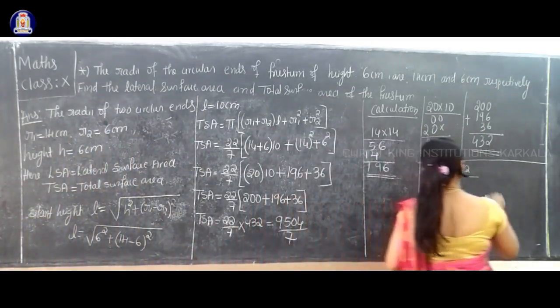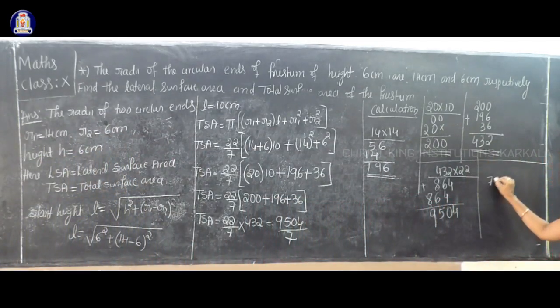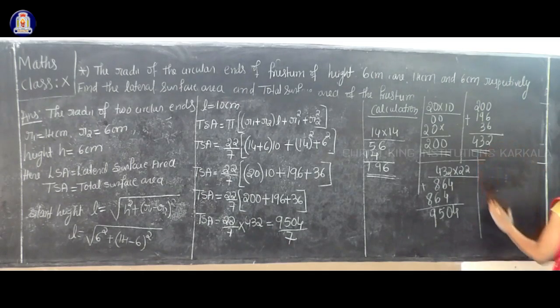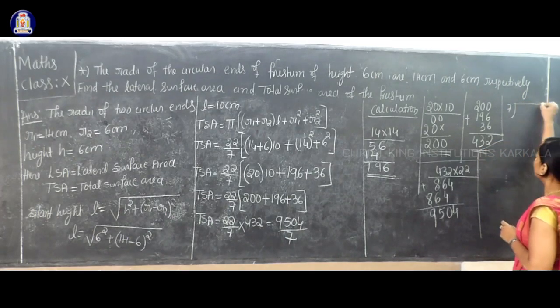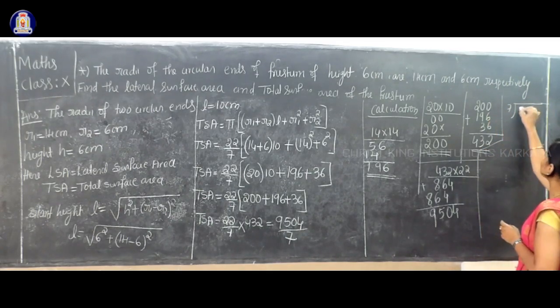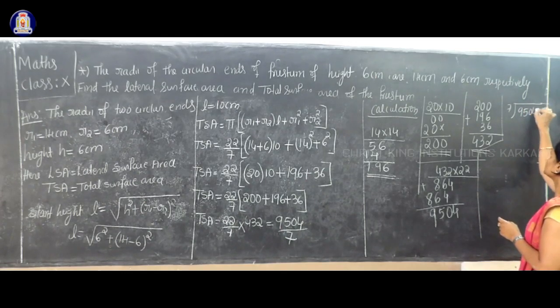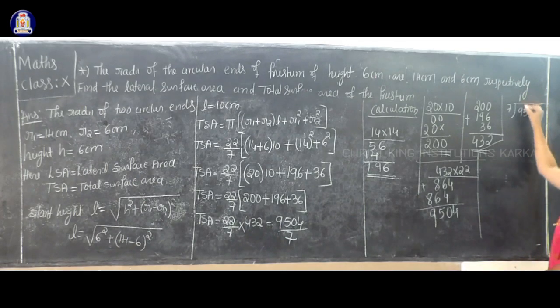So now divide it. 9504 divided by 7. 7 ones are 7, 2 remainder.